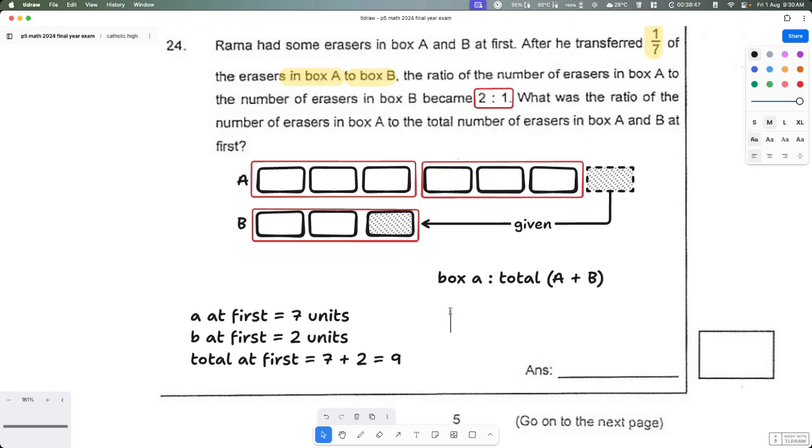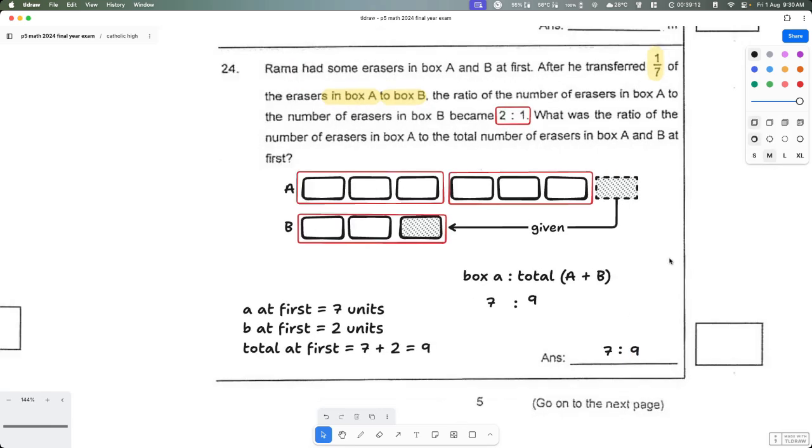So the ratio of the number of erasers in box A to the total is 7 is to 9. That's the answer. Hopefully this makes sense. All right, let's move on to the next question.